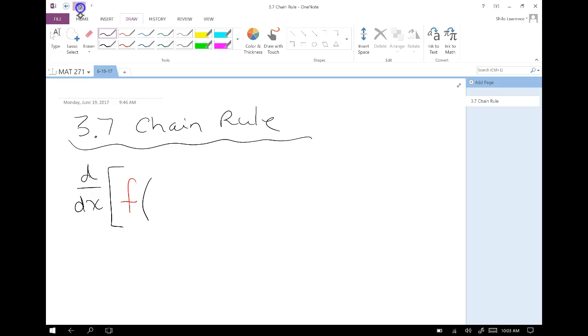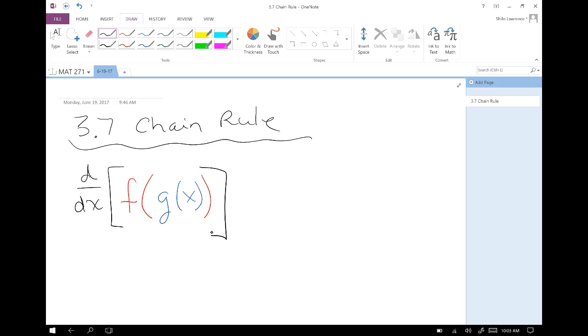So this is when we've got one function plugged into another function, and we want the derivative. Or it's when we have a function of x, and then there is another operation being applied to it, like a power or a root or a trig function.